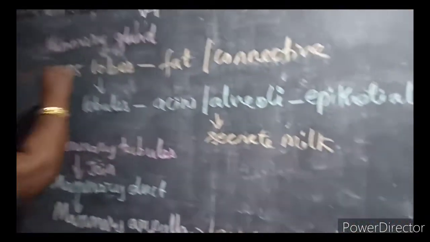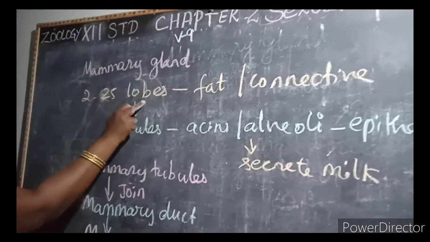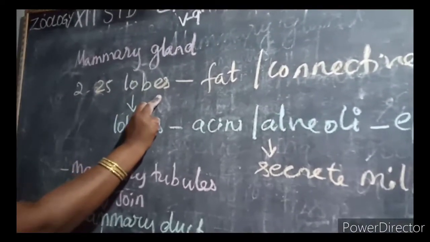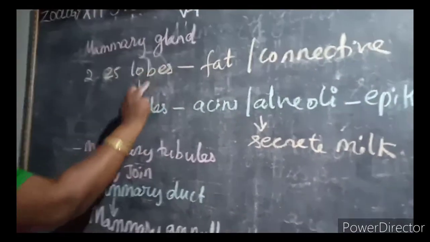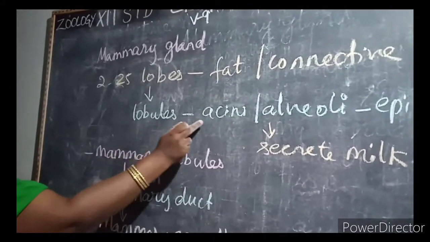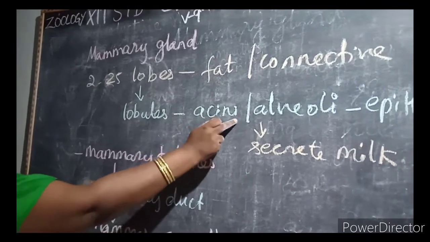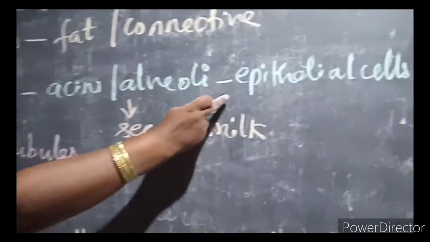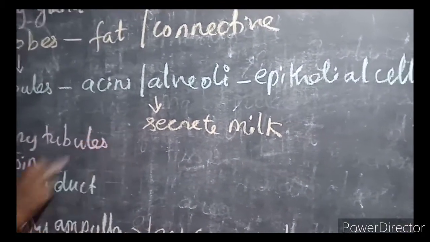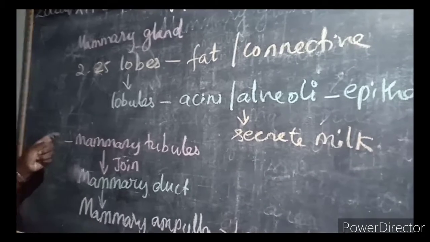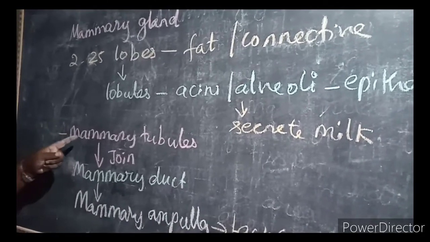That is, each mammary gland is formed of 2 to 25 lobes. The lobes are separated from each other by fat or by connective tissue. Then each lobe is made up of what? Lobulus, which contains acini or alveoli, lined by epithelial cells. The cells of the alveoli secrete the milk. Then the alveoli join to form mammary tubules.